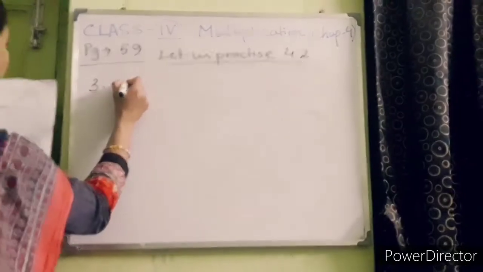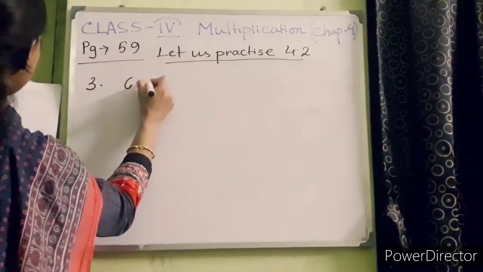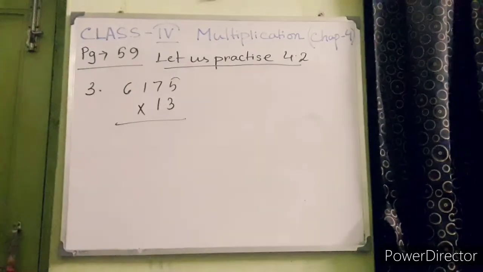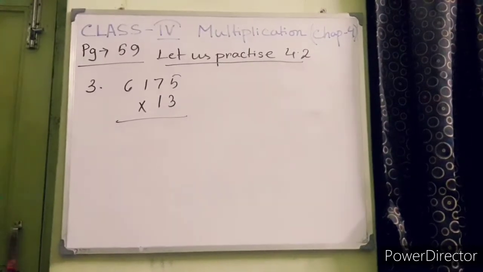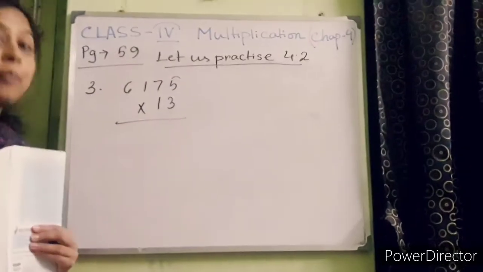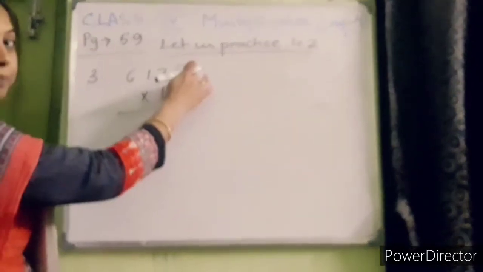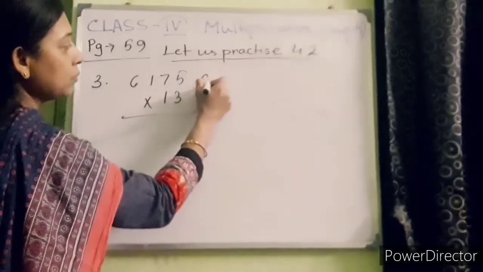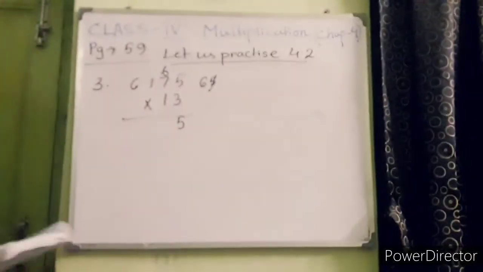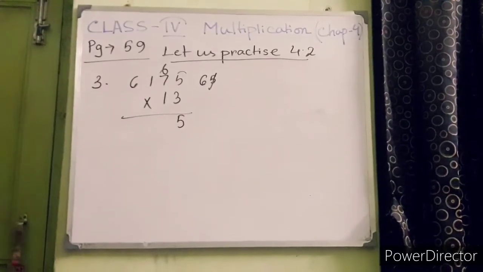Now number 3. 6175 multiplied with 13. So you have to use the table of 13. 13 into 5, 65. Cut 5 here and write 6. 13 into 7, 91.